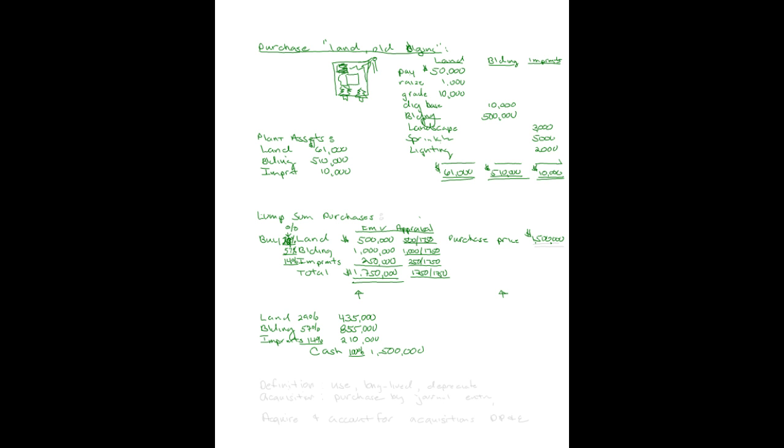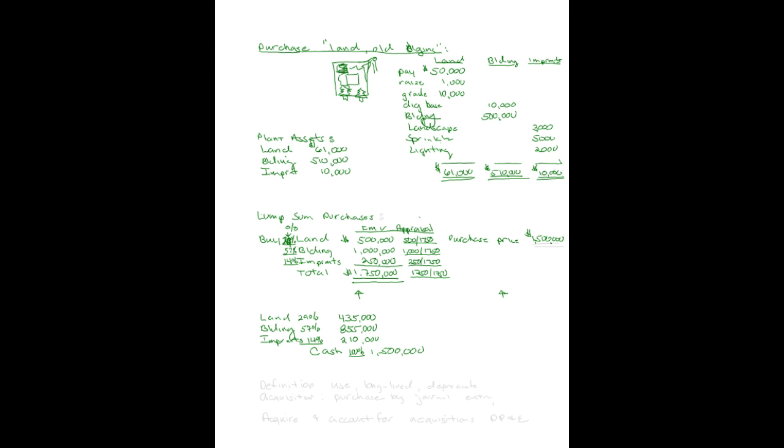Pretty remarkable, since I didn't figure that out first, that it's even. 57% came up to 855,000, and 14% came up to 210,000. So the total, 435, 855, and 210, equals 1,500,000, and that equals our purchase price.